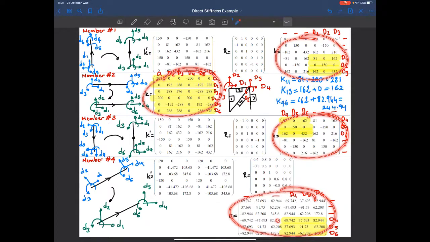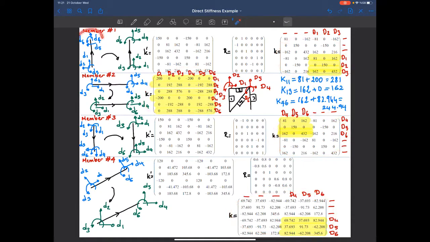And then we do mapping, right? We map the local degrees of freedom with the global, we map the degrees of freedom in global directions for every member with the degrees of freedom defined for the structure. This tells us which coefficient will be assembled where in the structural stiffness matrix.